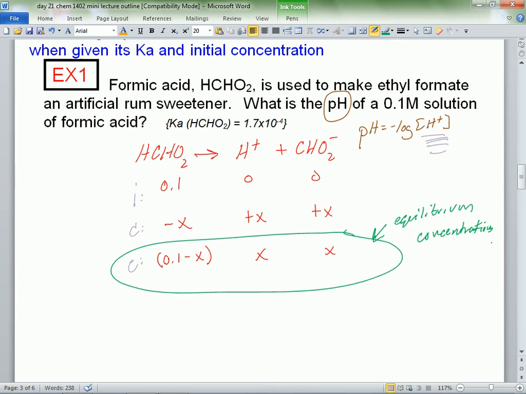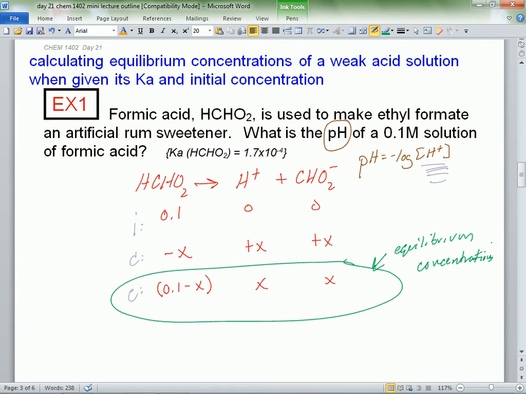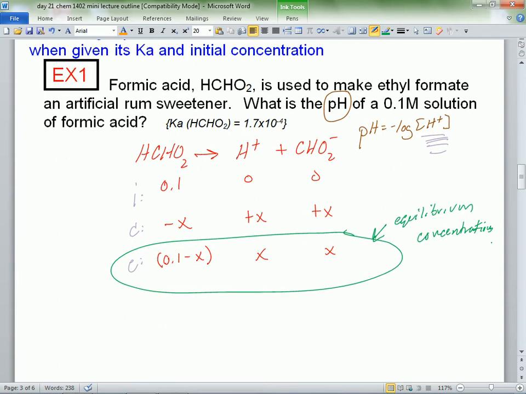Okay. So let's keep going. Ramiro, now what would you do? That Ka constant, yeah. Ka equals H plus times CHO2. Is it plus or is it times? I mean, do we multiply these guys or are we adding them?